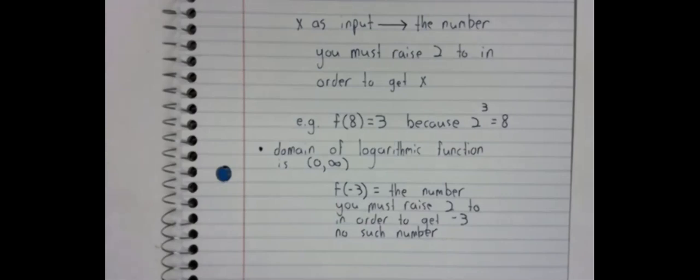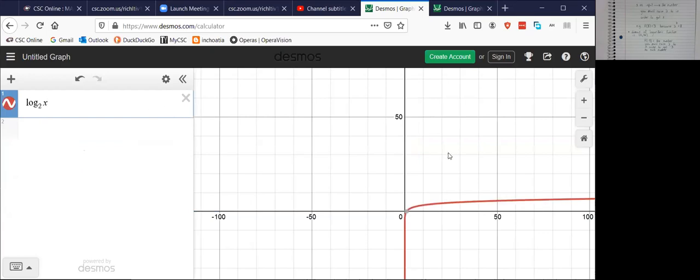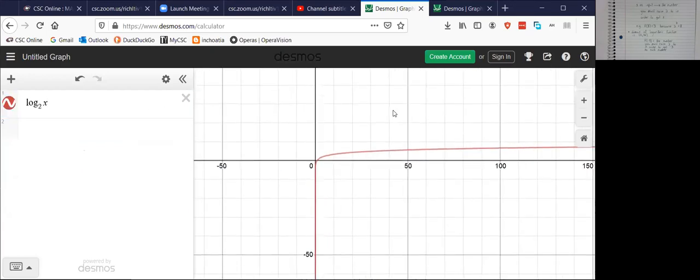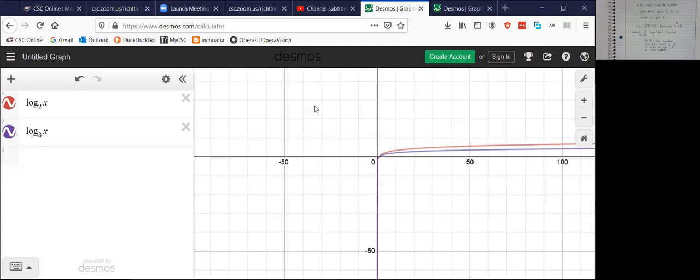And it's true that I've made this assumption based on a single graph. But all logarithmic graphs look the same. So here's the logarithm base 3. And it's also not defined in the second or the third quadrant.